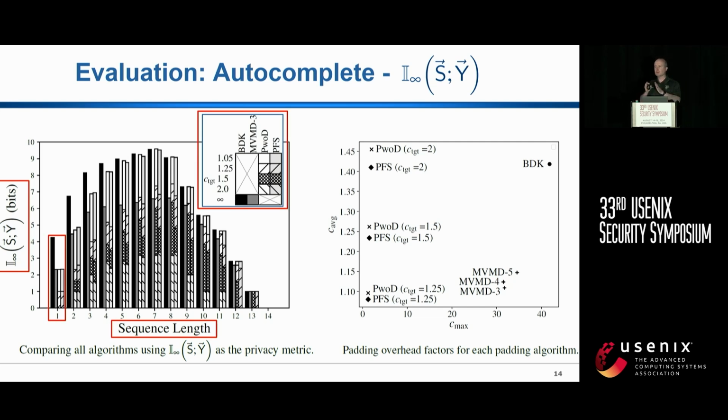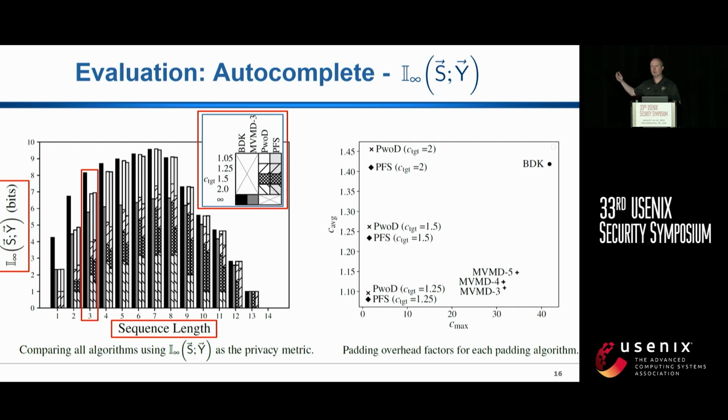So at each sequence length, we run the different padding algorithms, and then we chart what I-infinity resulted from running the padding scheme. And we chart them at each sequence length.